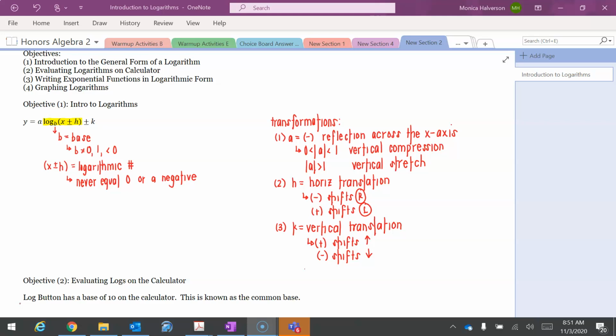So now that we've identified all the components of logarithms, we are going to focus on what we can do with logarithms today. And the first thing we can do is evaluate logarithms on our calculator. Now, what's very important here is that if you were to look on your calculator, you would see a log button.